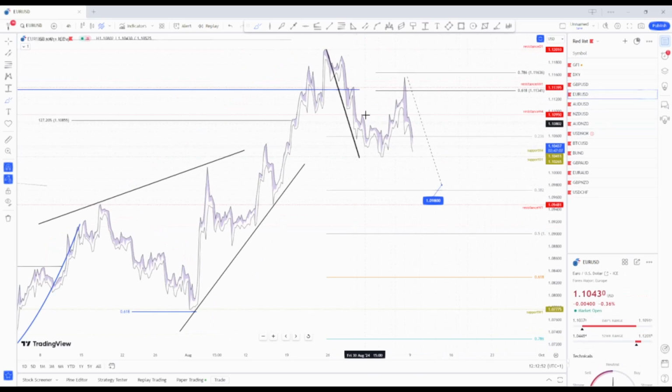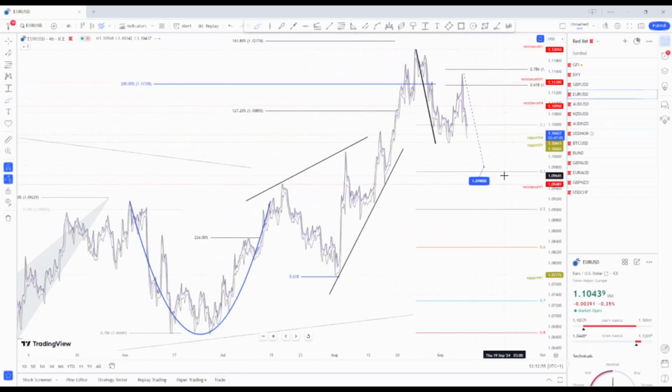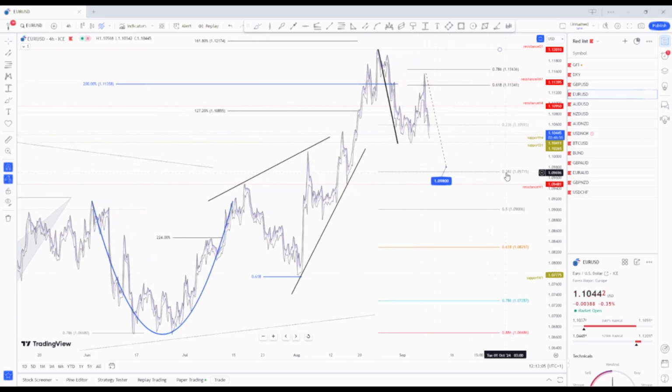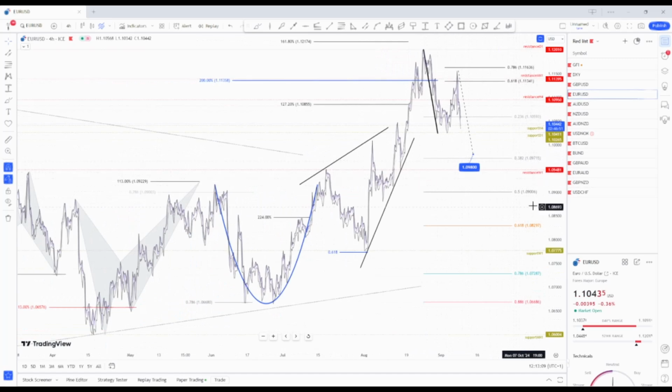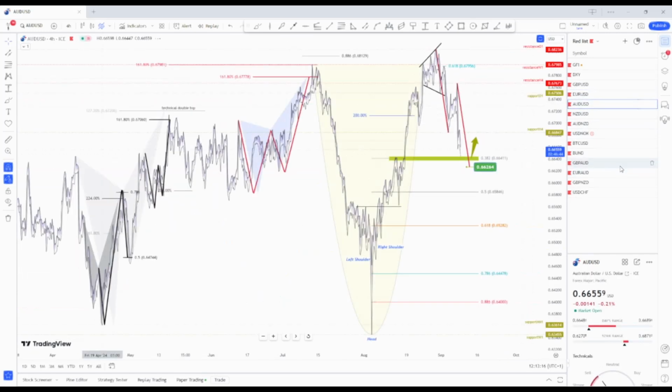The same may happen for the euro versus the dollar, which may be pushed towards 109.80. That's a symmetrical projection also for the euro dollar. That converges also with the 38% Fibonacci retracement level 109.71, which usually is a strong Fibonacci retracement level to consider.